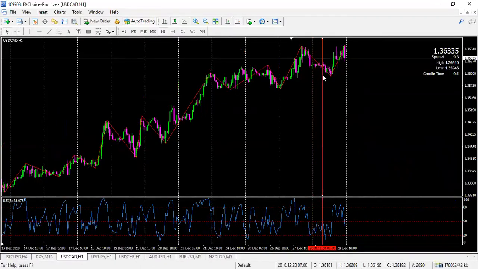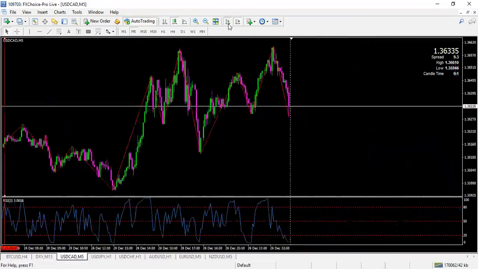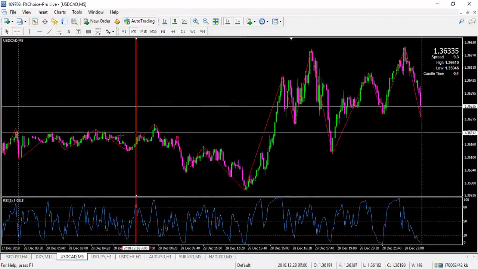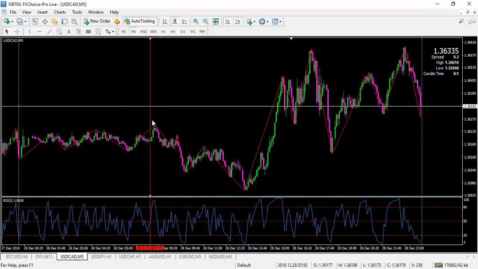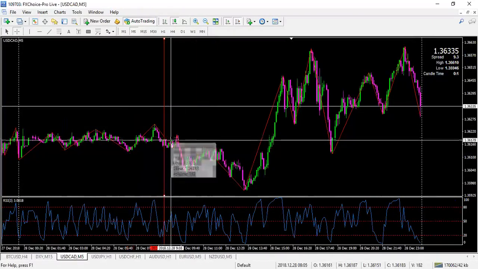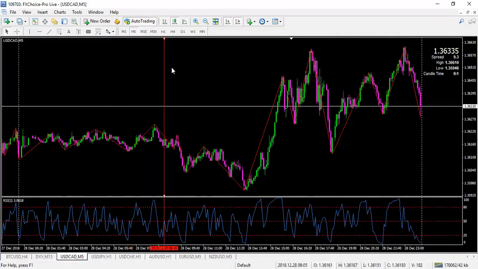This is Friday, so I wouldn't have traded this, but I just want to see how it looks. Now we're waiting for it to go below the 20, then above the 50, and of course that happens because it's Friday. It's stop loss.